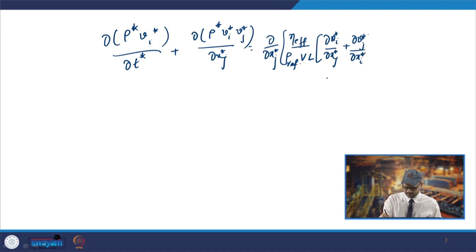So, that will be here, and then you will have minus of dou of p star by dou of x I star, and lastly we will have the term beta delta T L by V square, and then you will have G I.